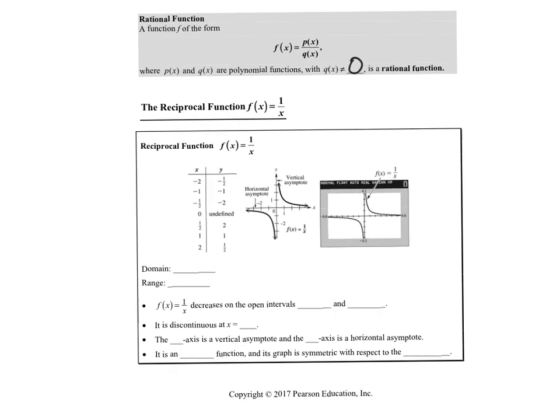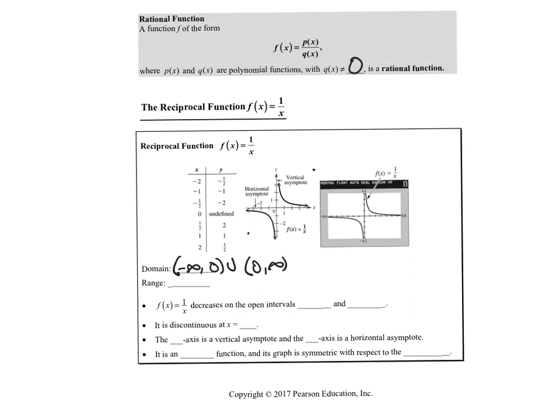Okay, here's what the reciprocal function is going to look like. So if it's in the form 1 over x, it's going to be in the first quadrant and the third quadrant. The domain is negative infinity to 0, union 0 to infinity.